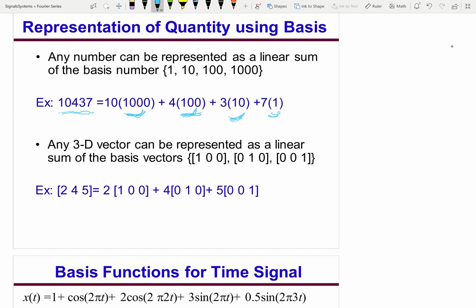In this case, there are 10 of the 1000, 4 of the 100, 3 of the 10, 7 of the 1. If I add this whole thing, I will get 10,437.